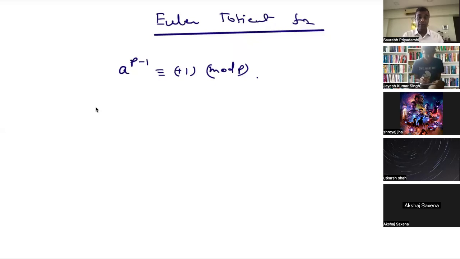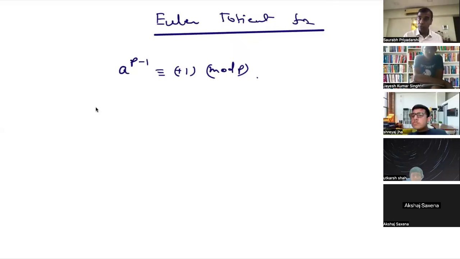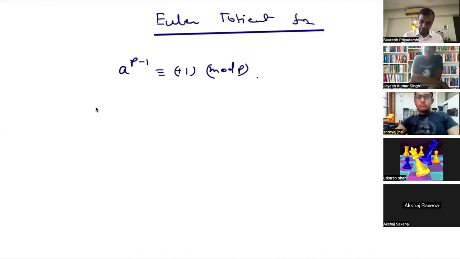Just see, everyone, carefully now. This is the theorem that you have to use for the numbers, and now we have to use the complete number theory or number system that we have done. So careful, right?